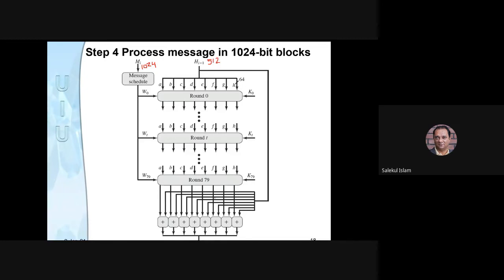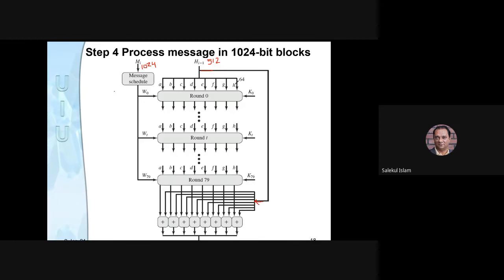Always remember, H means 8 registers from A to H, and the length of every register from small a to small h is 64 bits. So 8 times 64 is equal to 512. The same Hi minus 1 is being used here. Look, there is another branch; the same value is being used here in the XOR function.